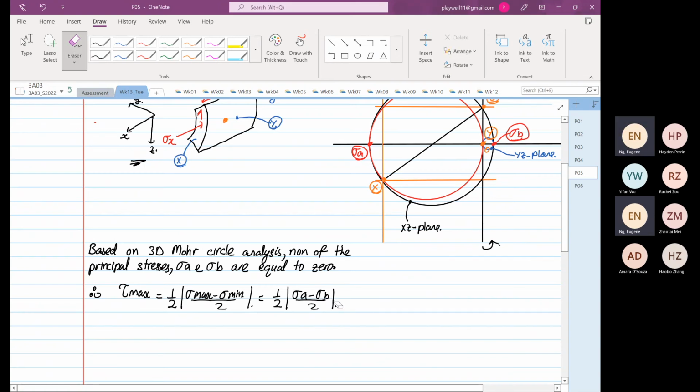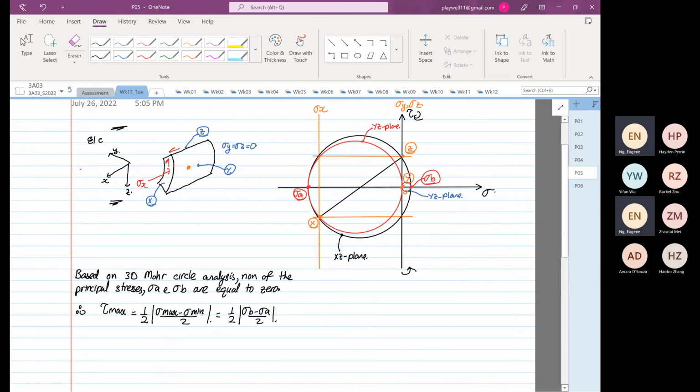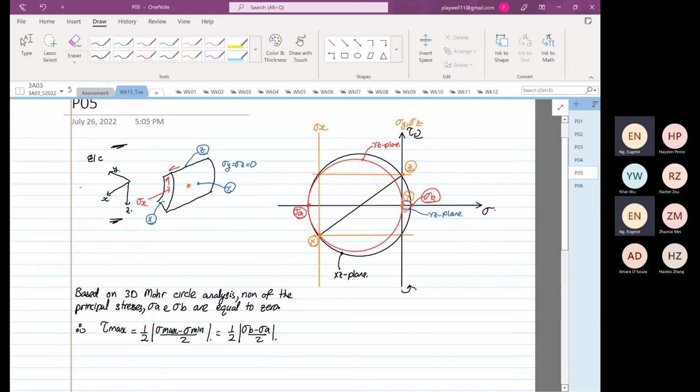Or, sorry, for this case, it's stress B minus stress A divided by 2. So that is the purpose of constructing the 3D Mohr circle: to decide which formula to use. We confirm that this is the formula to use and not tau max equal to stress max divided by 2.